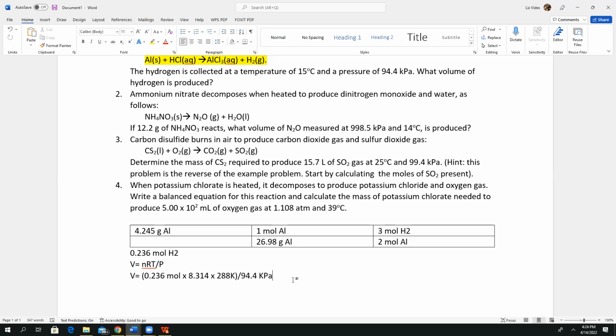Yeah, N2. Okay, so that's going to give you the same number. Whatever that is, 12.2 divided by 80.06 gives me the number of moles, 0.152. This one only has 3 sig figs.